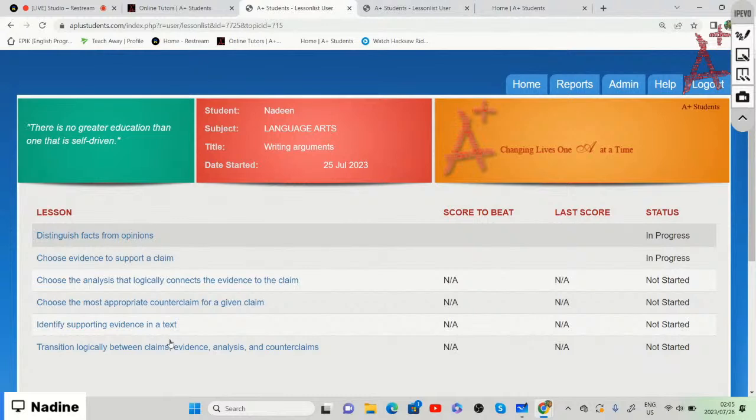So when we do advanced writing, or formal academic writing, not informal writing, there are going to be different ways in which you are going to have to write, and one of them is arguments. With writing an argument, lesson 1 says you need to distinguish facts from opinion.